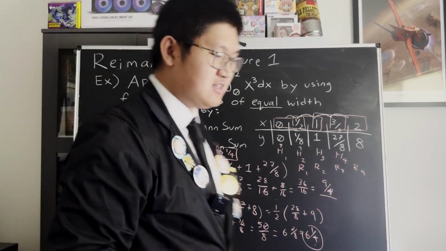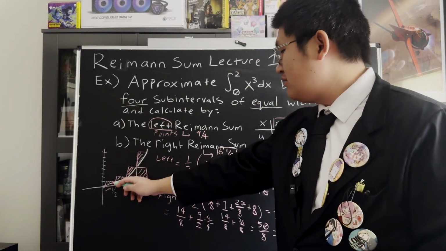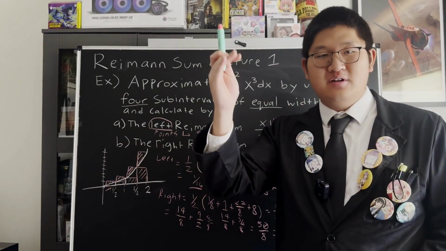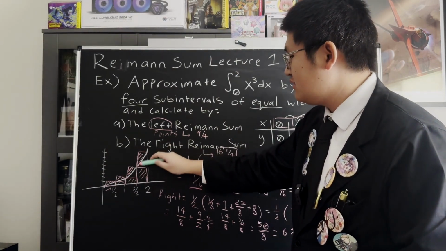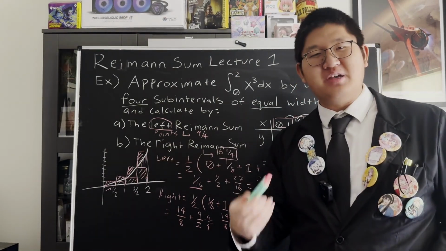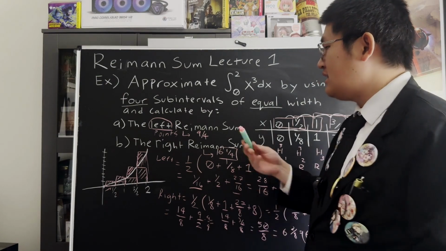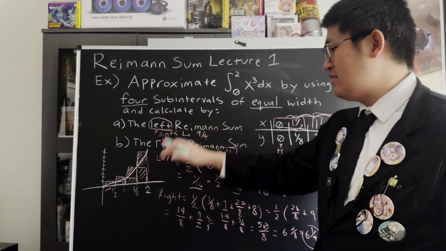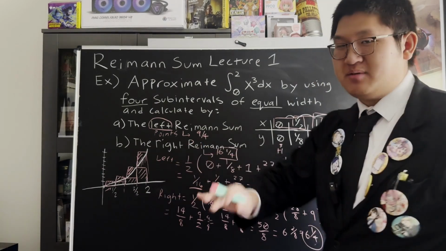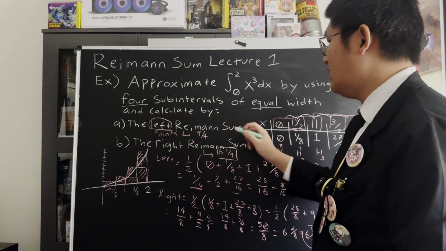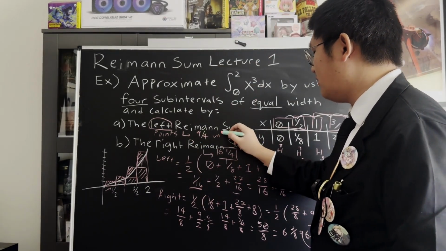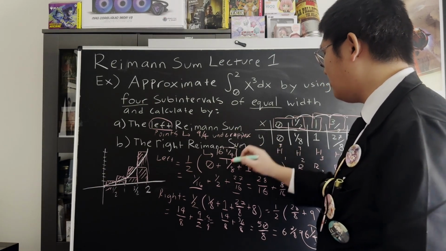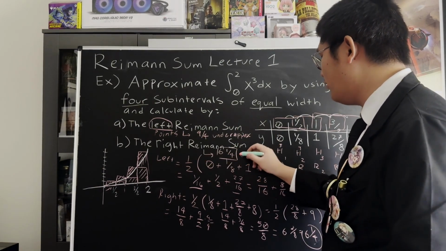With taking the right points and going across and making the rectangles, we have gone over the actual graph itself and gone beyond, in the sense of approximation, the actual integral itself. So what we can say here is that because the left Riemann sum was under the graph, the right Riemann sum ended up with the rectangles above the graph. The left Riemann sum is an under approximation, and now the right Riemann sum is an over approximation.